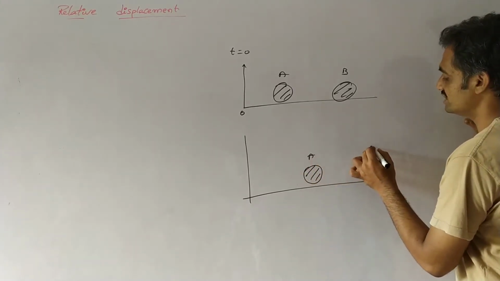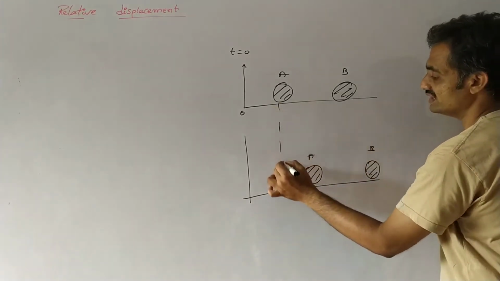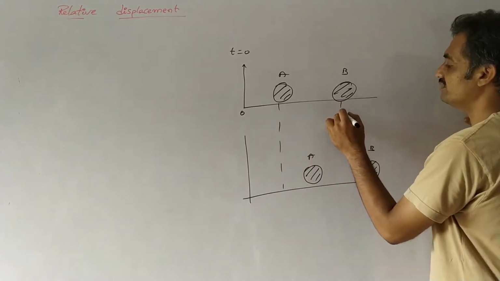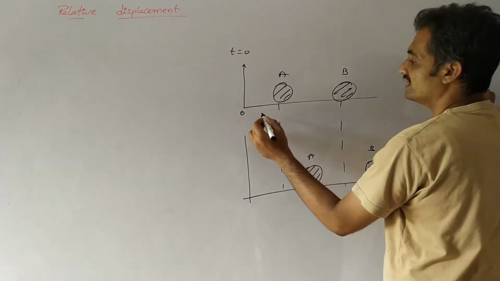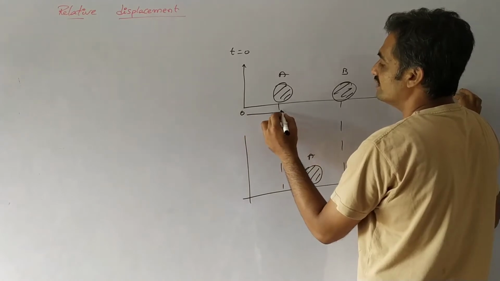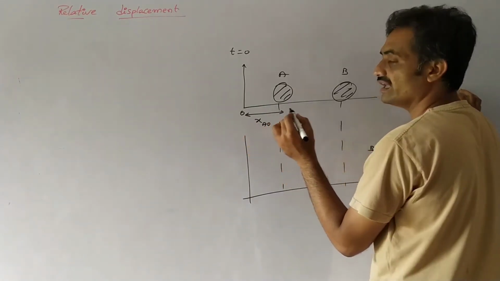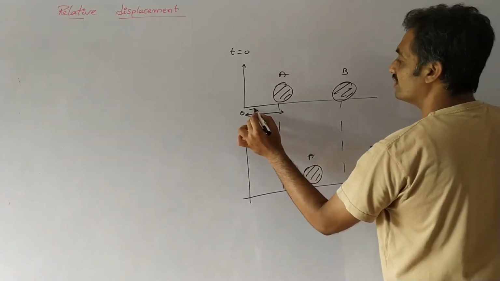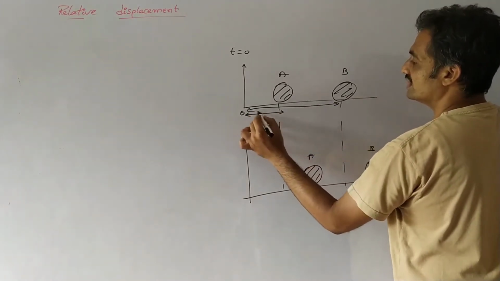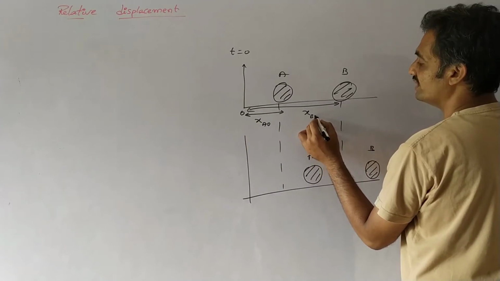Initially the body A is at this position and body B is at this position. The position of body A with respect to origin is represented as XAO and the position of body B with respect to origin is represented as XBO.